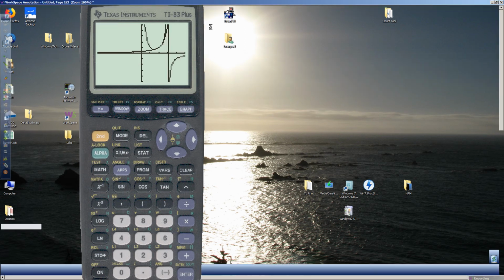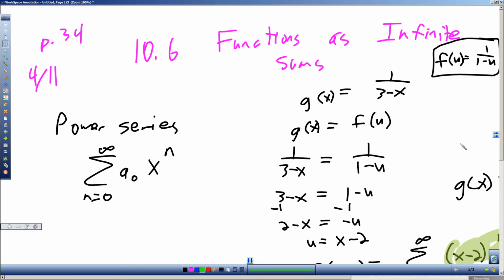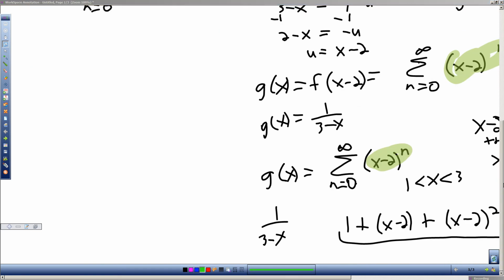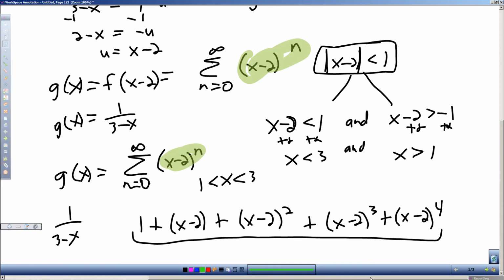That's what we did here. What's the question? Okay, the question is, find a power series representation and an interval in which it converges. So this is the power series right here, and it converges from 1 to 3.